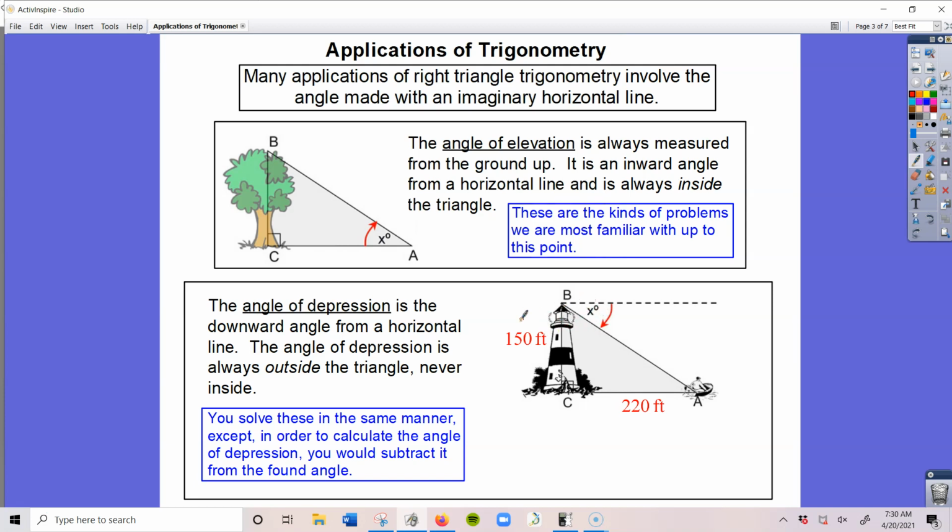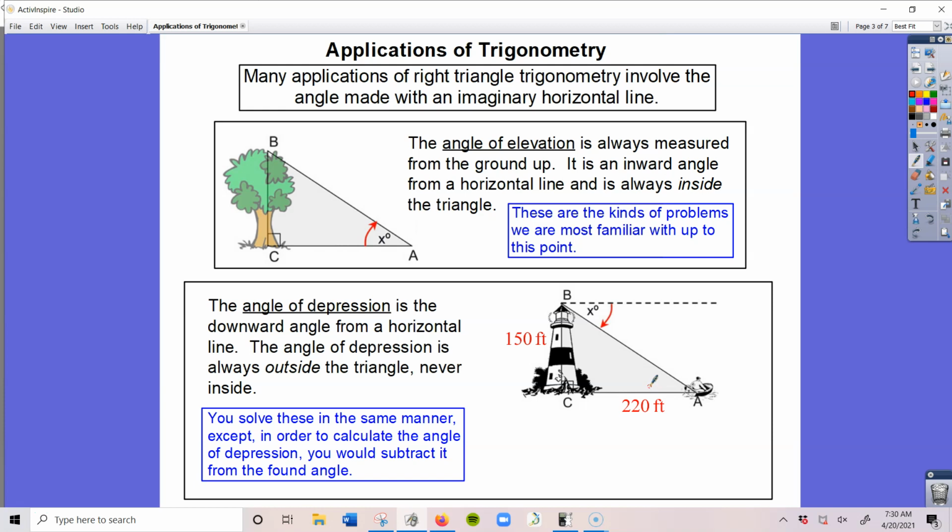Now, if I wanted to solve for x in this scenario, if you think about geometry, I know that it's been a while since we've taken geometry, but basically, when you have two parallel lines, which would be this horizontal dashed line and the ground, and you have a transversal, which is a diagonal that cuts across those parallel lines, the alternate interior angles would be equal.